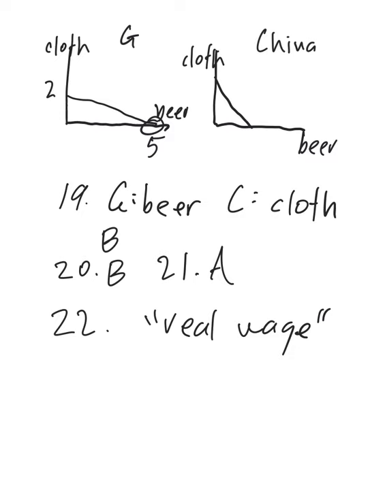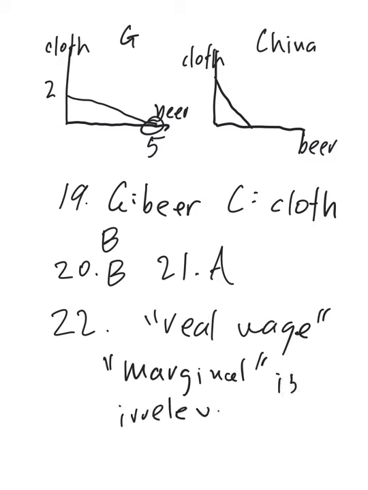And it really has nothing to do with the word marginal. In the kind of models we're doing, it doesn't matter that the word marginal is there. The real wage just means what real stuff can you buy, and that means the answer to number 22 is B. And that's it for this video.